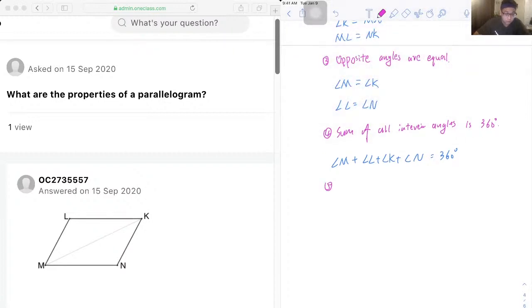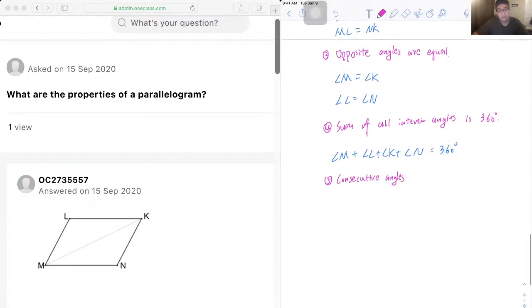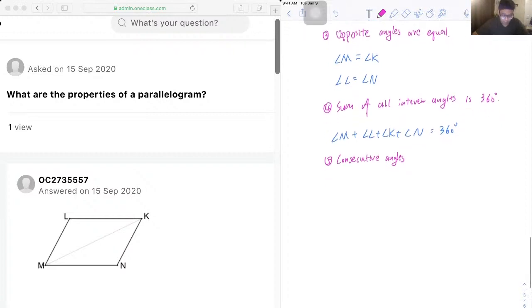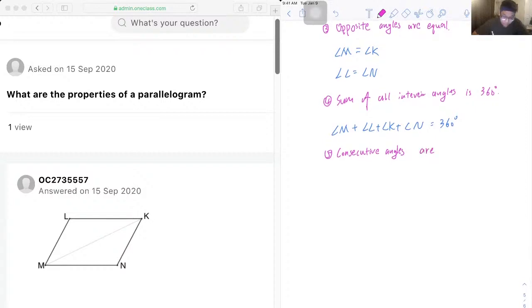And besides that, we have the consecutive angles, which simply means angles next to each other. So consecutive angles are supplementary, which means they add up to 180.